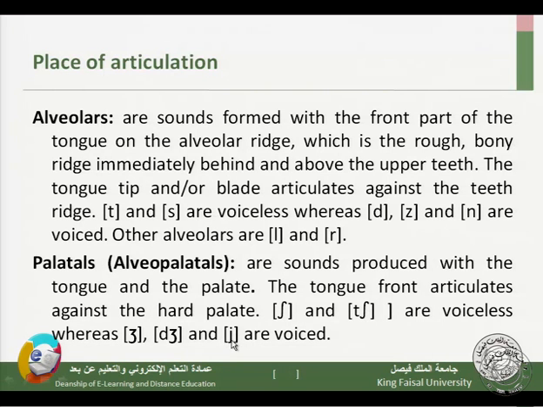Don't try to read it as the letter J, because these symbols between brackets are sounds, not letters. In this case, you will see that the front part of the tongue is articulating against the hard palate.